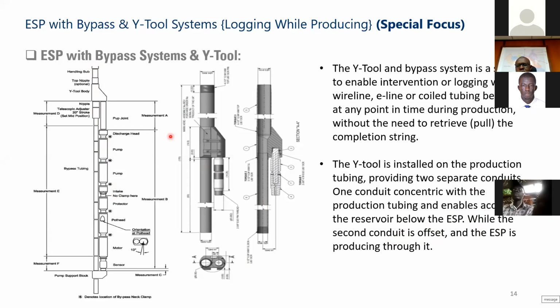The second conduit, which is the offset, as I explained, is the ESP side. So looking at what is here, basically this is the Y tool. In a closer look, this is where the ESP will be, the side that is offset, and the other side will have the bypass.